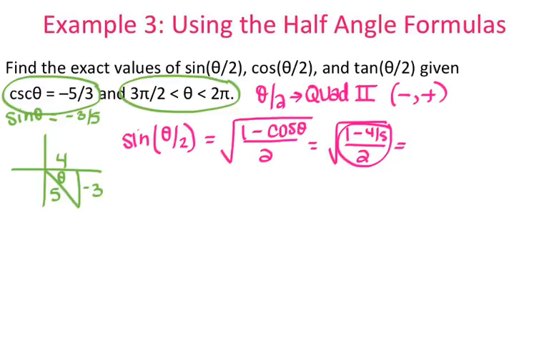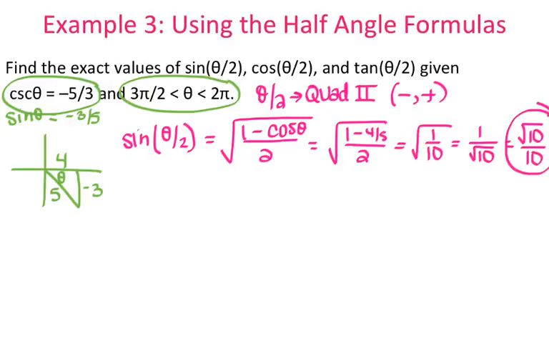So I have 1 minus 4/5, taking that answer and dividing it by 2, which gives me the square root of 1/10. So that is 1 over the square root of 10, because I take the square root of both of those. Can't have radicals in the denominator, so that's root 10 over 10. So there is sine of theta over 2.